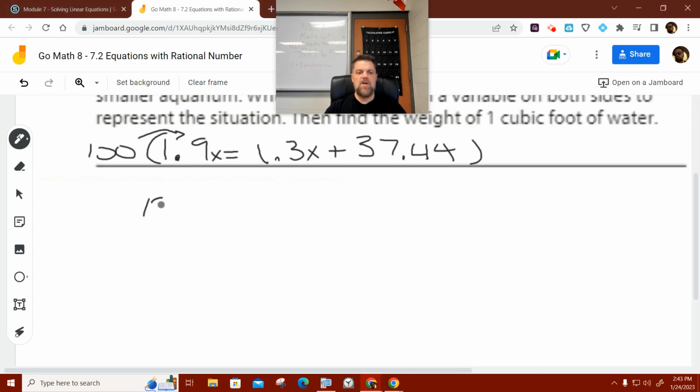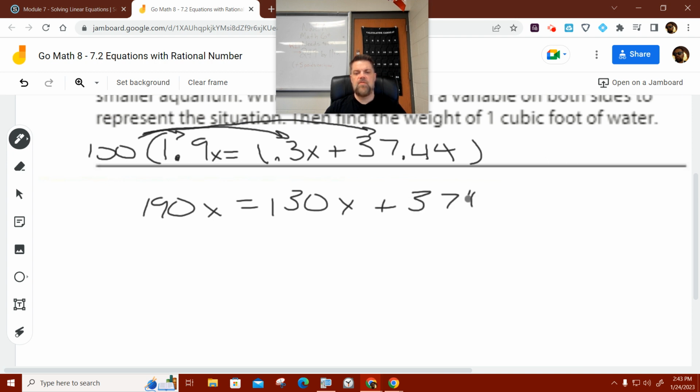So this becomes 190x, and then it equals, and then I'm going to multiply this by 100, which becomes 130x. Then I'm going to multiply this by 100, and that's going to be 3,744. Notice I don't have any decimals.